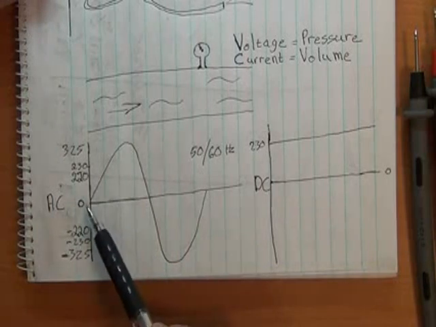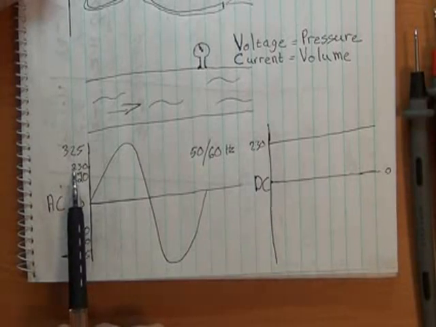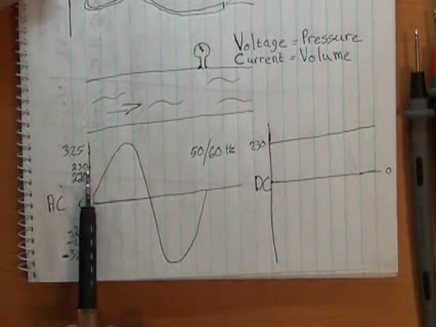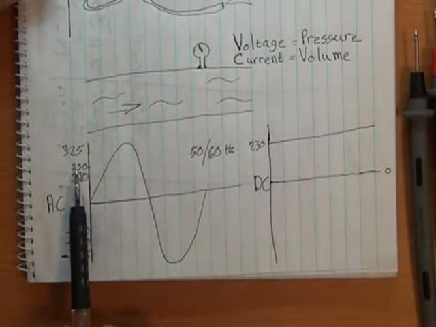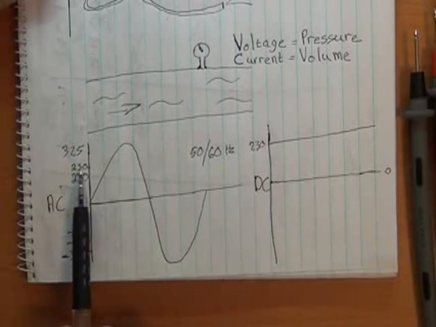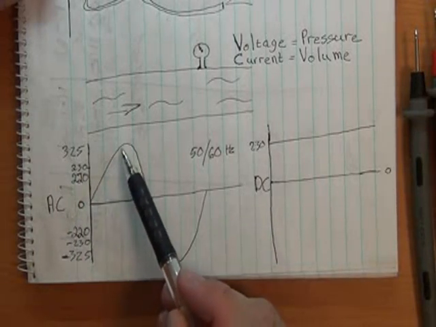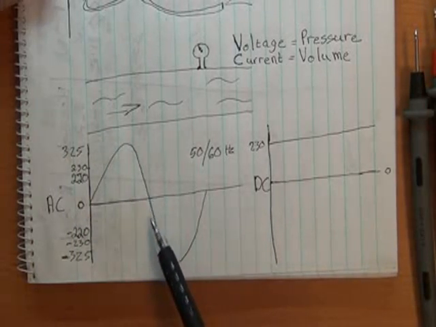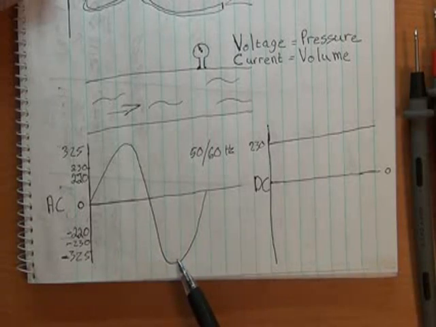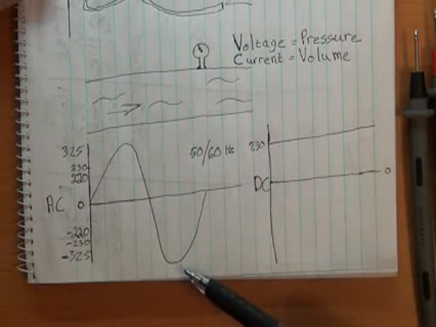Now, just to get an understanding, for a comparison to a DC voltage, it's a naughty analogy to make, but some people do. To get the average voltage of 230 coming out of your mains outlet, the voltage actually goes up to a peak of 325 volts, then comes back down, and then goes down to negative 325 volts. So you've actually got a peak-to-peak voltage of 650 volts.